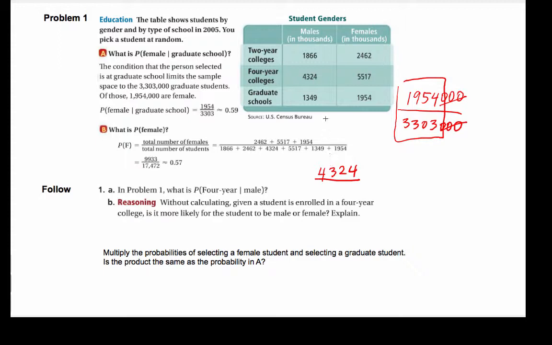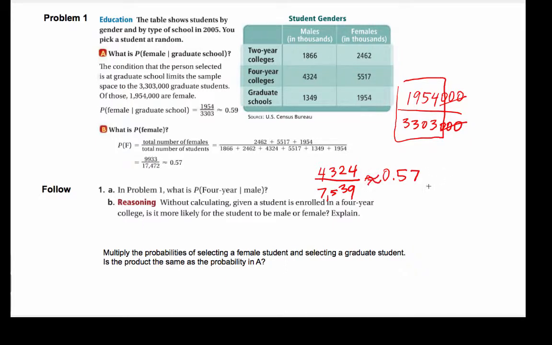Given that they're a male, we need to figure out how many males there are, so we need to add this plus this plus this, and that is a value of 7,539,000. Divide that out, and we get 0.57 approximately.